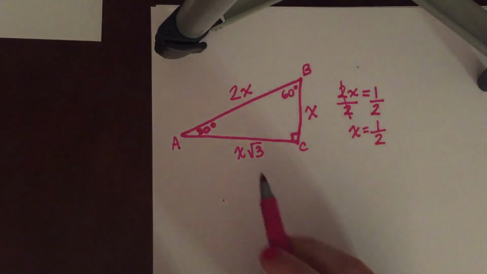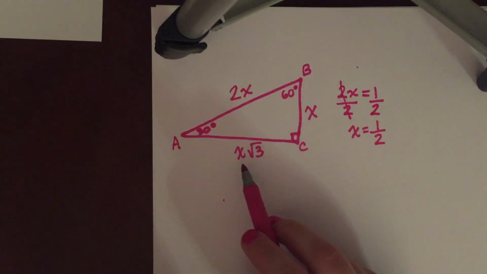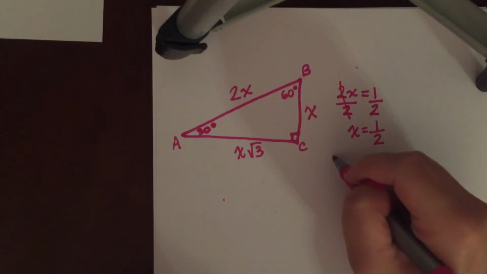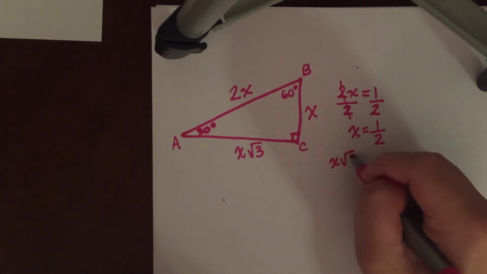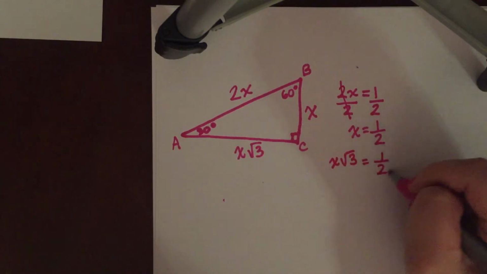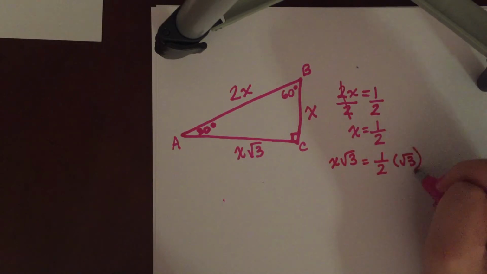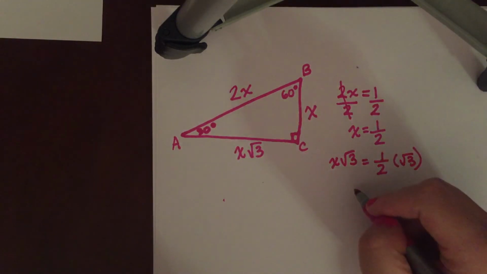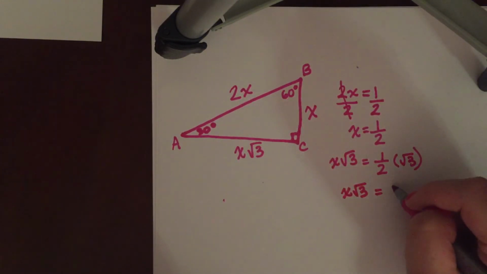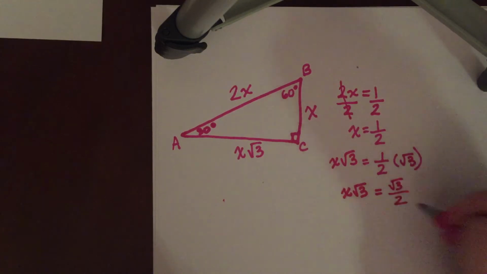And if we substitute our 1/2 value for x right here, we'll get x radical 3 equals 1/2 radical 3. And we end up with x radical 3 equals radical 3 over 2.